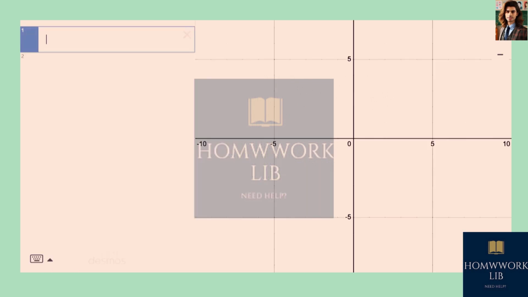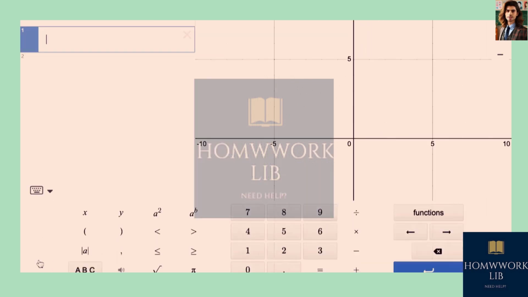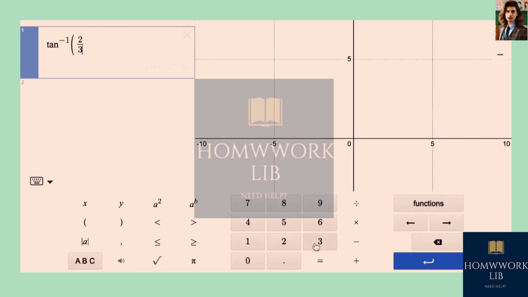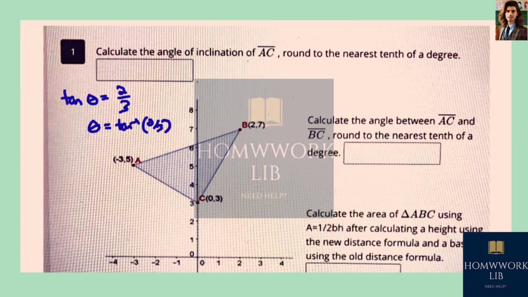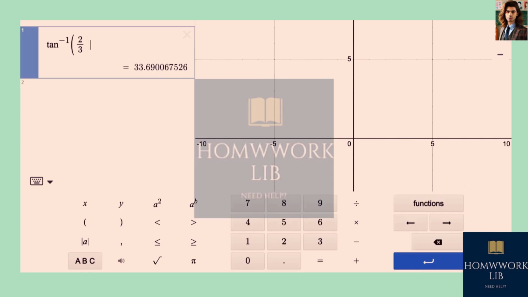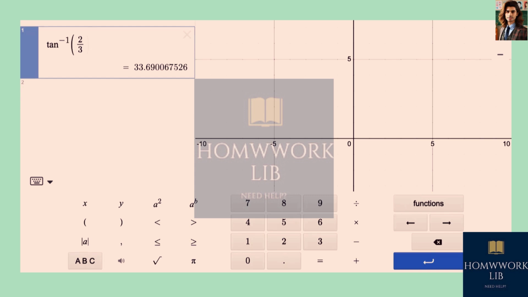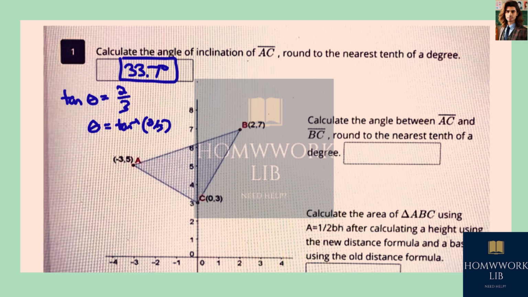In a calculator, degree mode, inverse tangent of 2/3 is 33.69 degrees. To the nearest tenth of a degree, we'll say 33.7. Or 180 minus that would be another condition, like 146.3, depending on what you're used to doing.